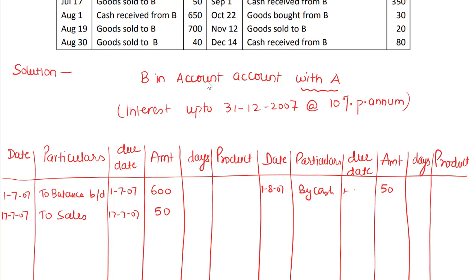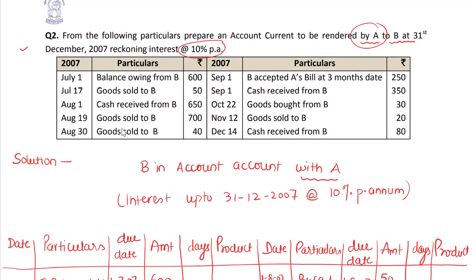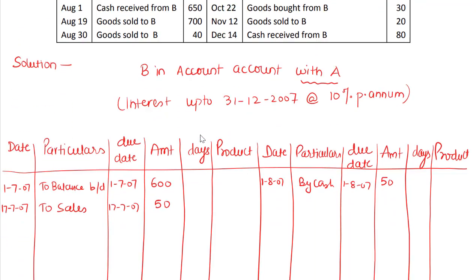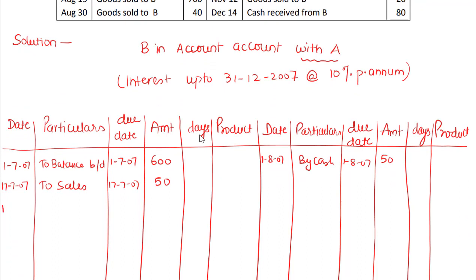Due date is 1st August 07. Next, 19th August, sales to B 700. 19/8/07 to sales 700.